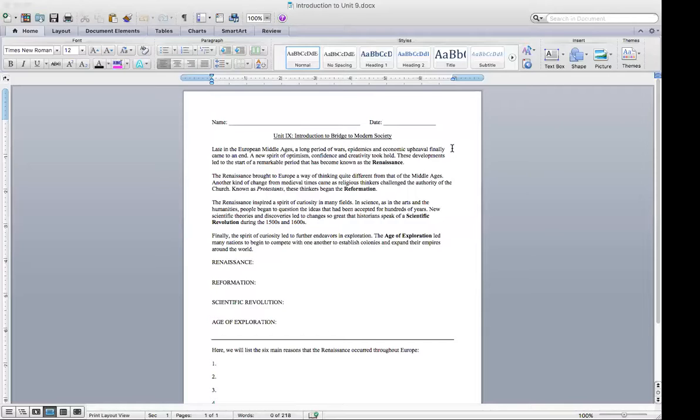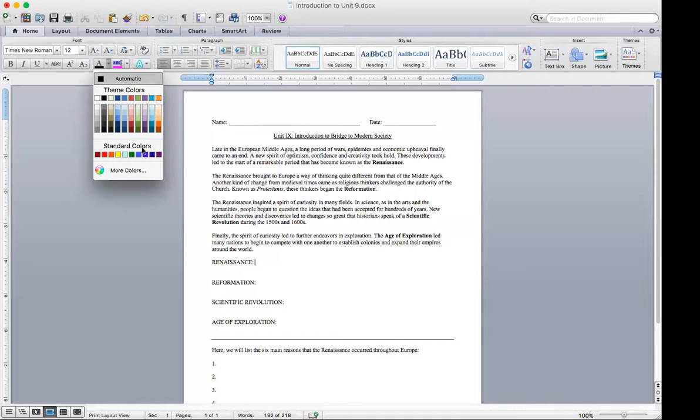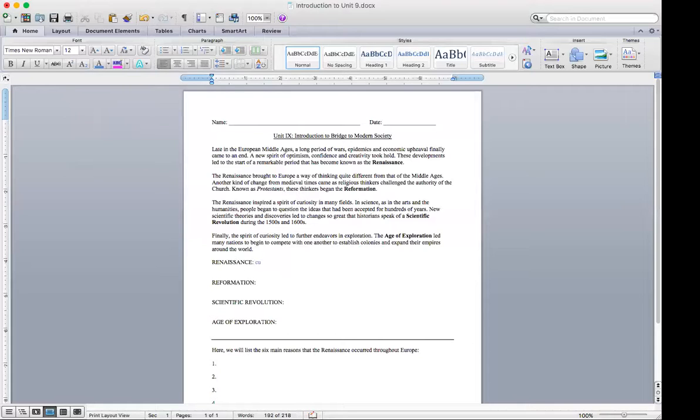To specifically define these, I am going to type here, put it in a nice bright color for us. Should we do a red? Let's do a bright blue, a nice Quincy High bright blue. The Renaissance, well, that's not very dark. Let's make that a little darker. There we go. All right, the Renaissance means cultural rebirth, and it occurs in Europe from the 14th to the 17th centuries.